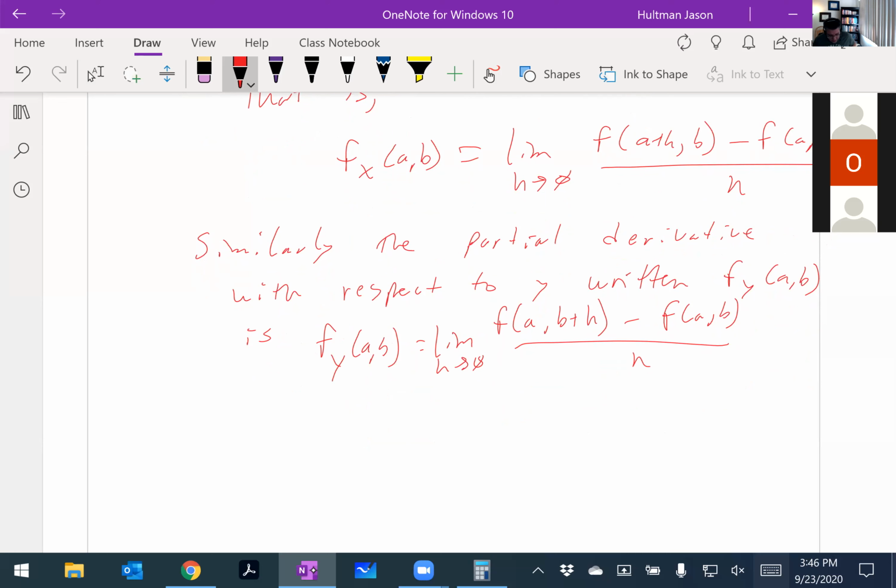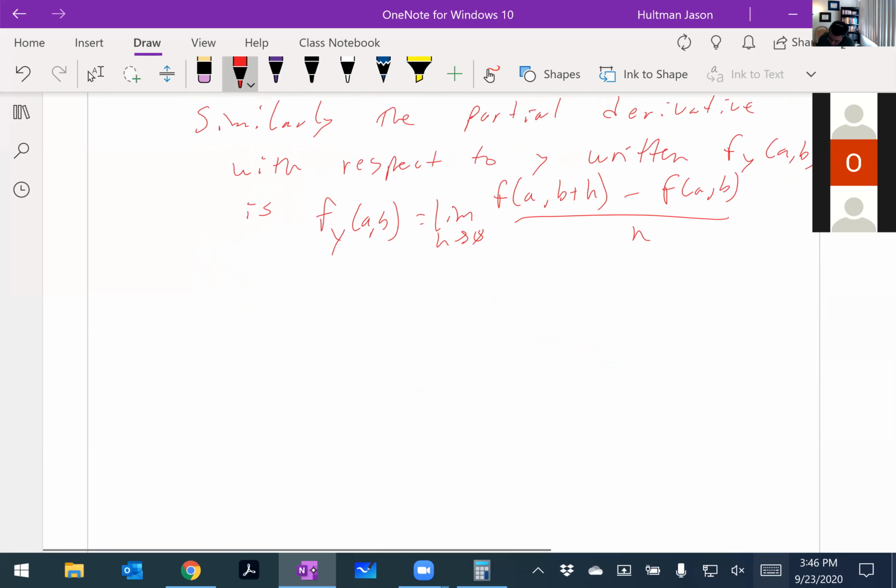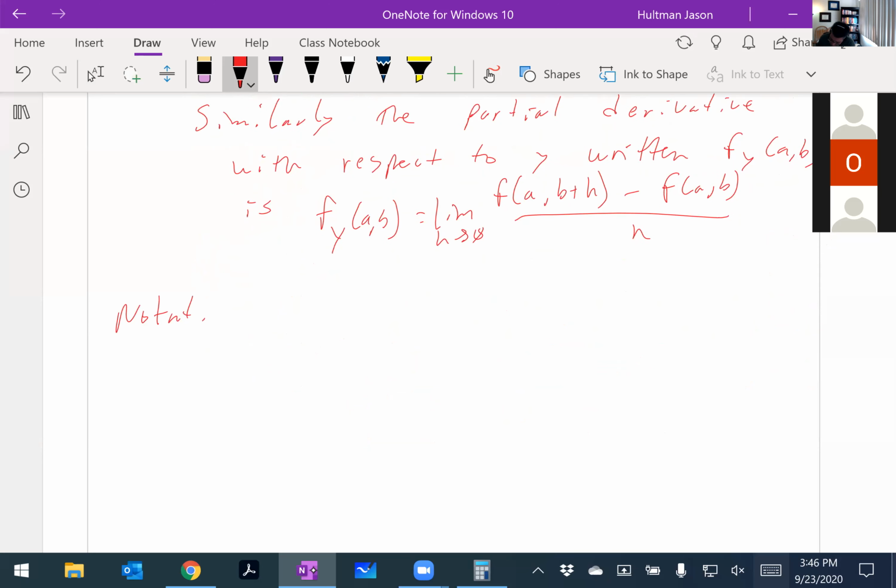Okay, so some notation with respect to partial derivatives. f sub x of x, y is the same as f sub x, which is the same as the partial of f over the partial of x.